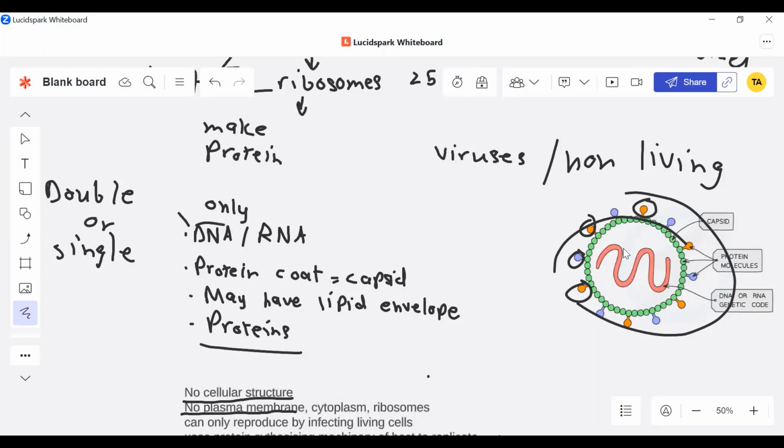They can have DNA, which can be double stranded or single stranded. So these are 2 types of genetic material they can have. And they can also have RNA. So each virus can have one of these 3 genetic codes: double-stranded DNA, single-stranded DNA, or RNA.